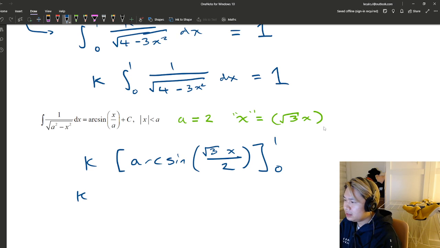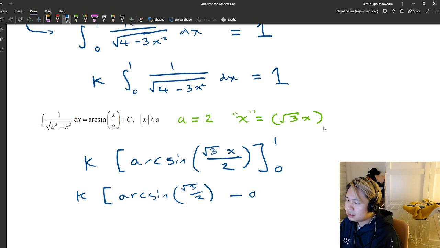So this is k. We got arc sine of root 3 over 2 minus the arc sine of 0.